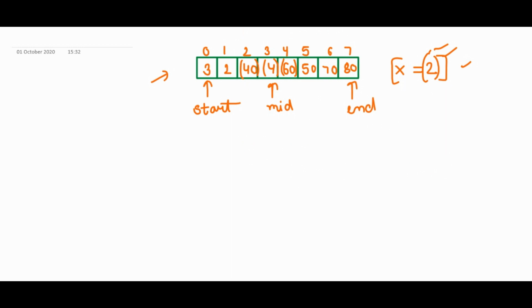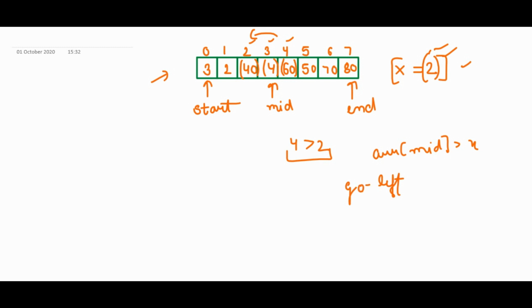As you can see here, our 2 is not equal to our mid plus 1 or mid minus 1th element. So now we have to compare 4 and 2. 4 is greater than 2, that means our element will be on the left side because our array of mid element is greater than x. So we have to go left.